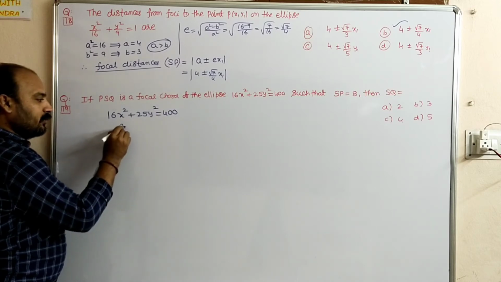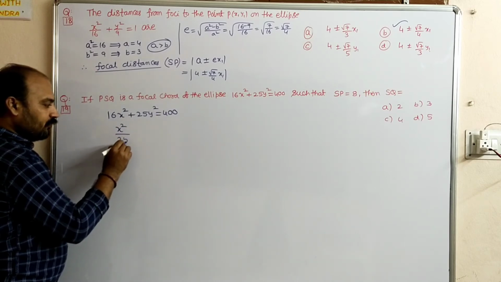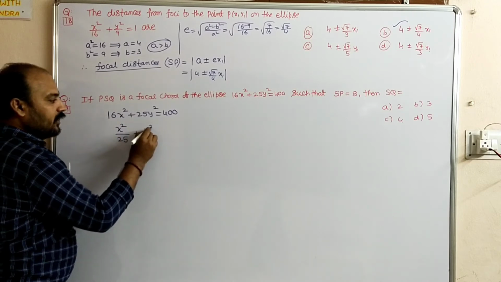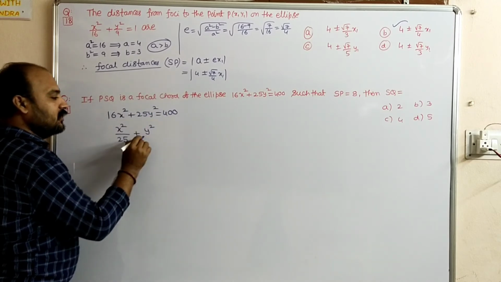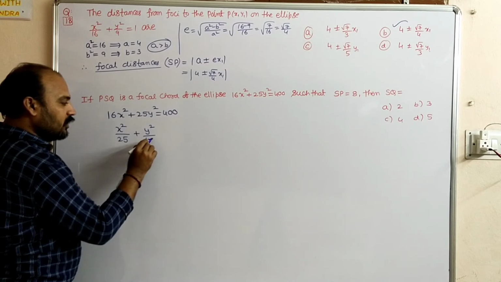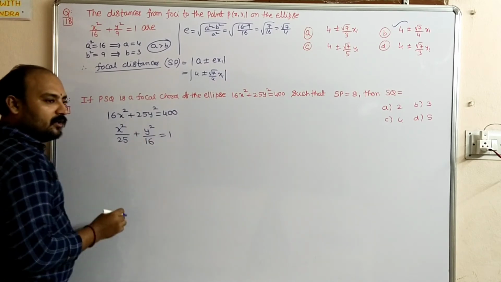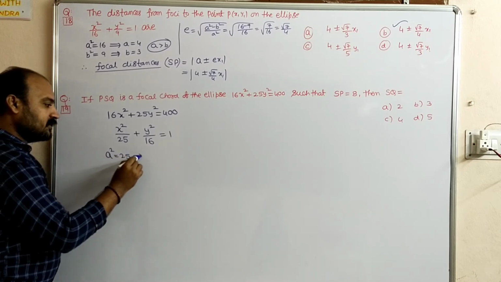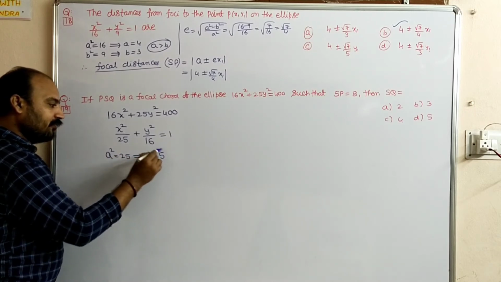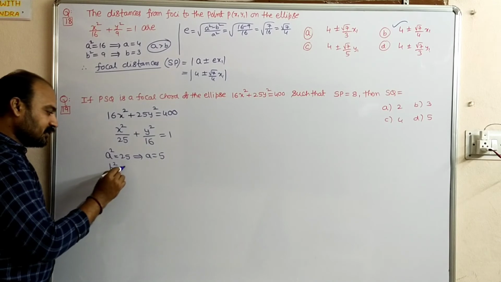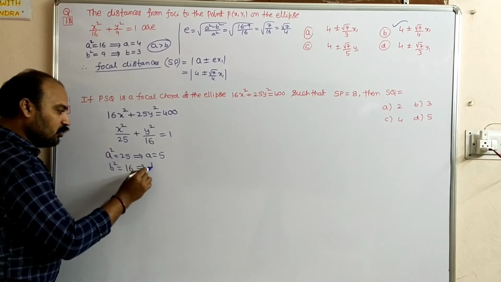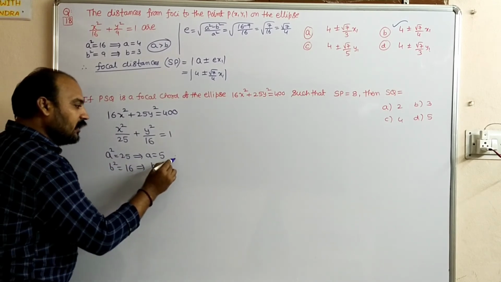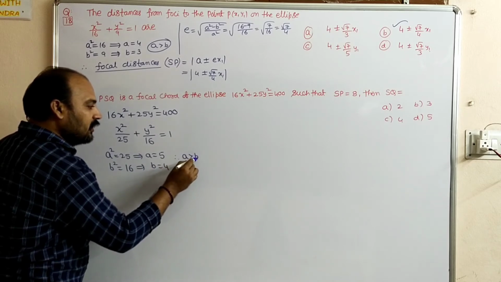So x square by 25 plus y square by 16 equal to 1. A square equal to 25, that implies a is equal to 5. B square equal to 16 and b is equal to 4. Clearly a is greater than b.